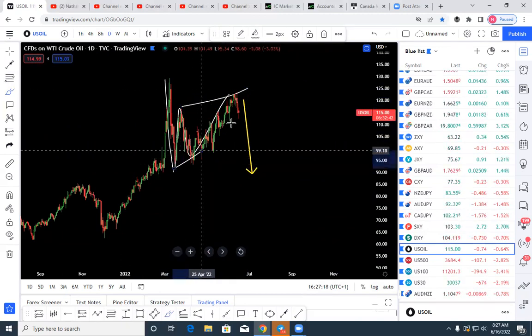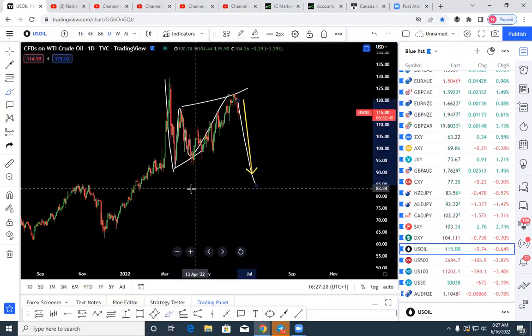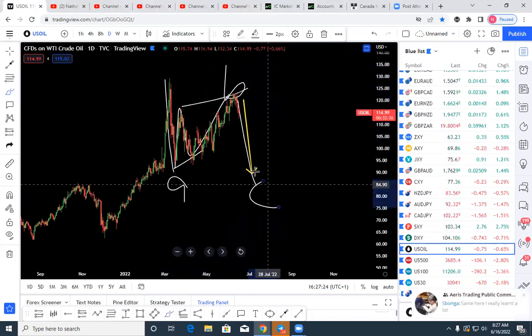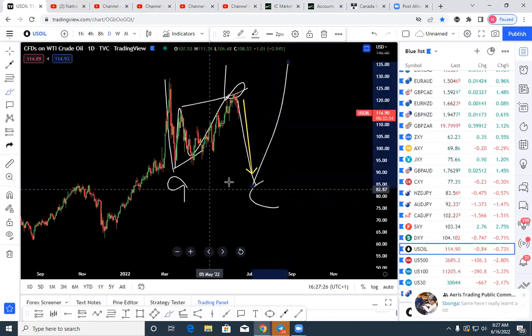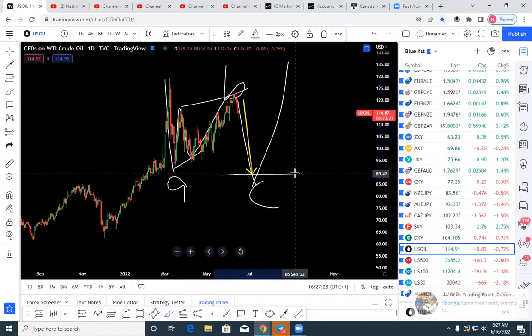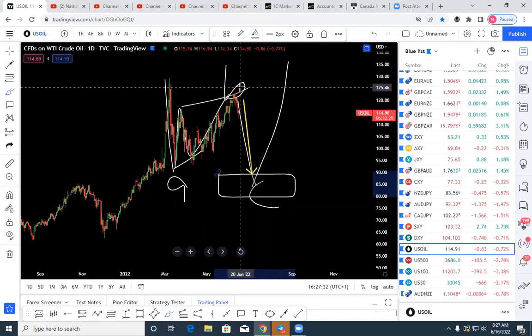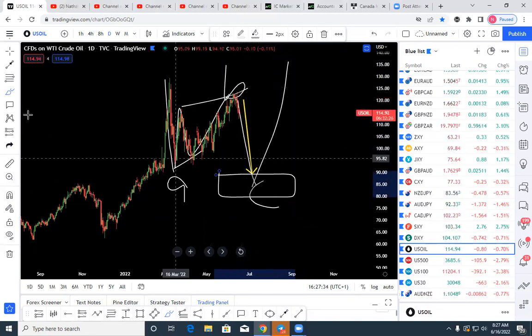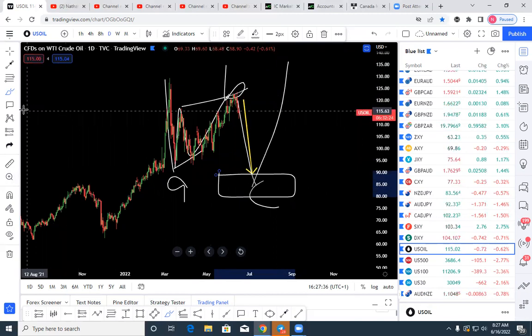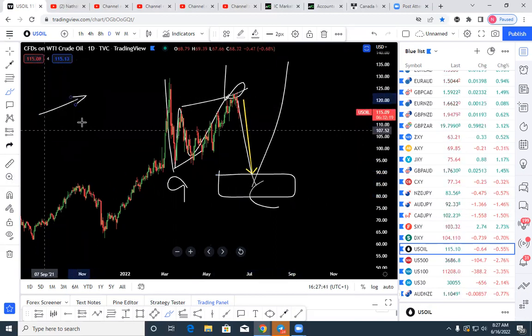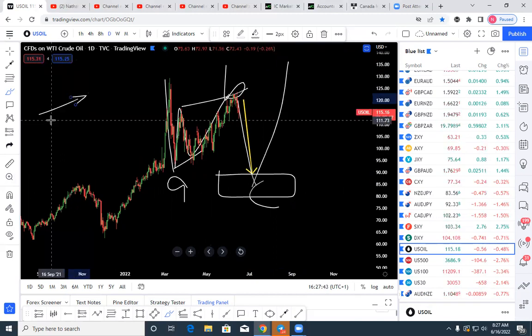This is a structure to come down to form A, B, and C before we can resume upside. So I'm expecting oil to come to between 88 and 89. If I'm expecting this oil to come down, and of course, fundamentally, you know that Canada stores their reserve in crude.